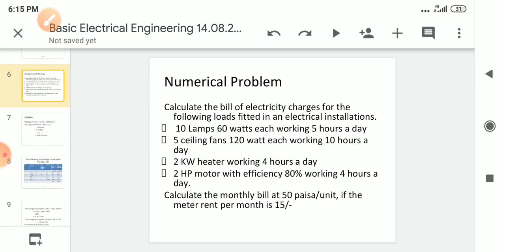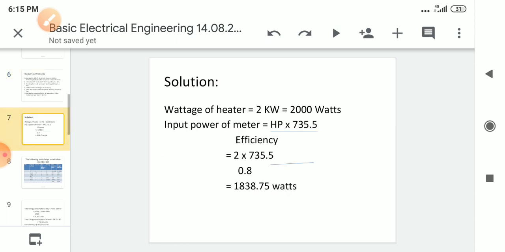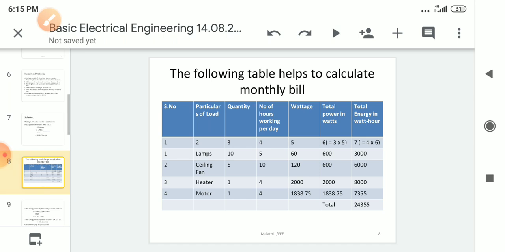First, we have to study the problem. After that, identify the different loads available and their quantity. After that, the solution will start. Taking the help of this table, we write the loads, then the quantity, the number of hours it is used, and its wattage.